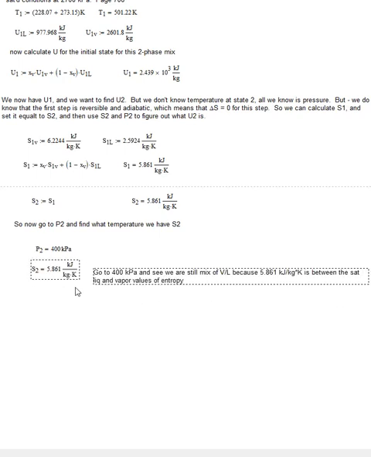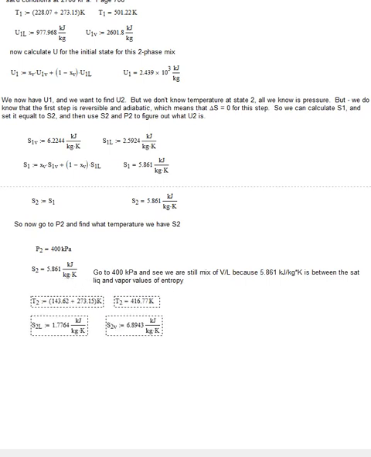So let me pull this over here. 5.86 is in between the value for the saturated liquid and the saturated vapor. Here's our temperature; we don't really need this, but I'm putting it in here: 143.62. Saturated liquid, 1.7764.